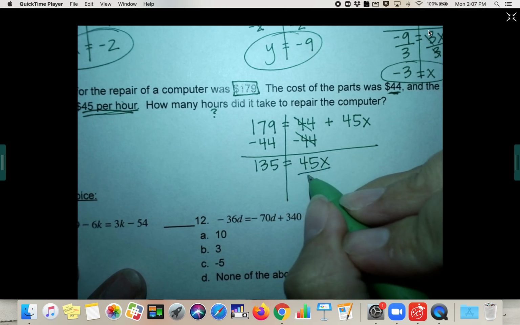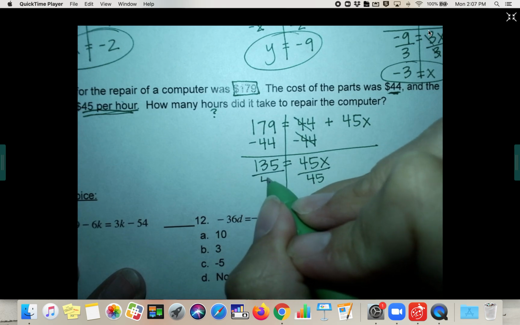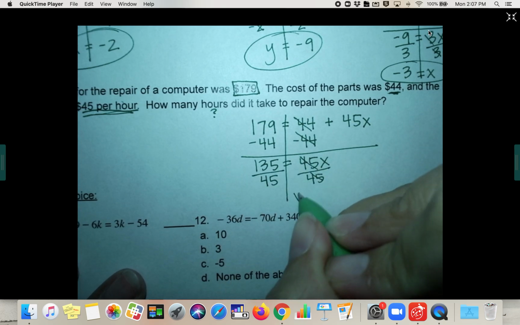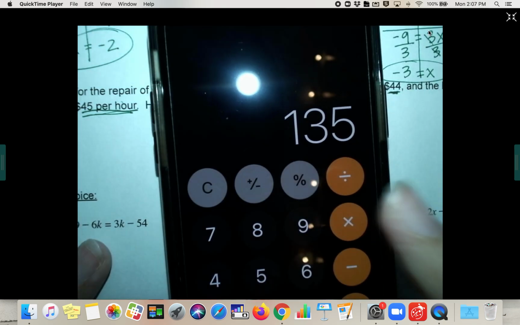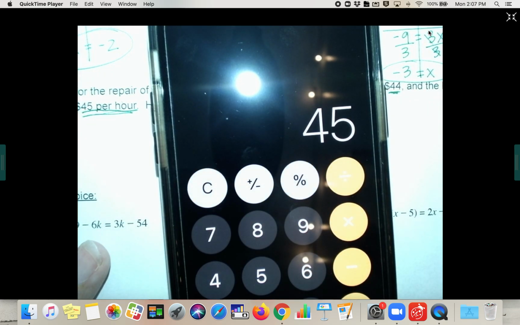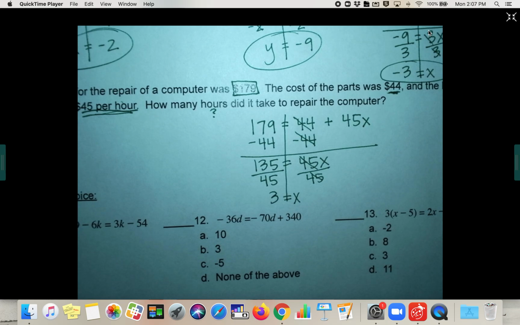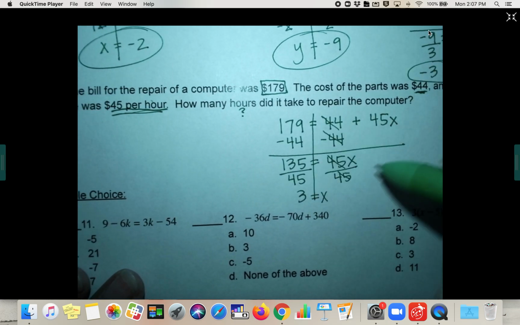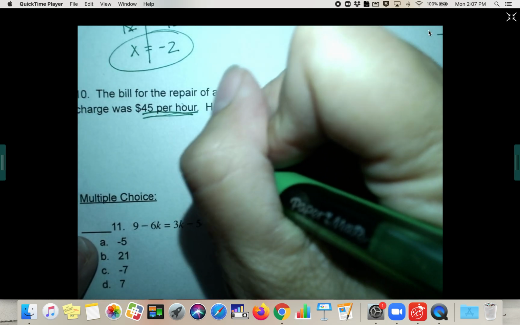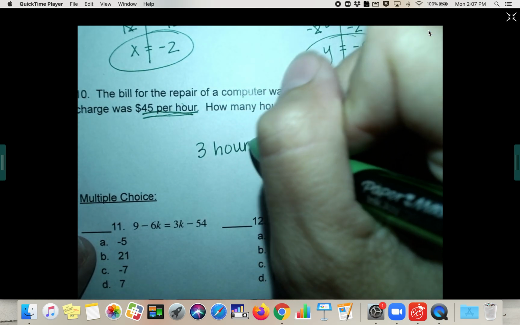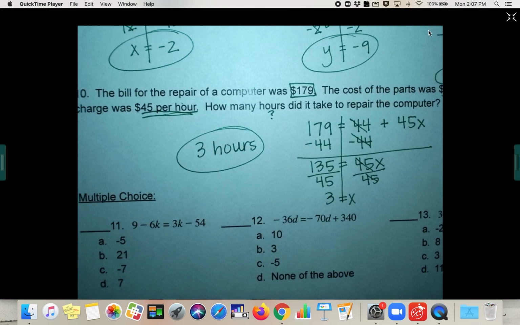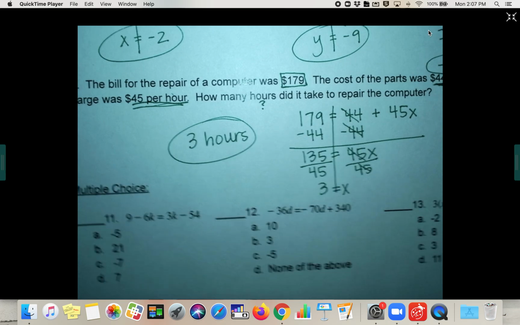Divide both sides by 45, and that would be 3. I know there's other ways to do this, and that's totally fine, but if you wanted to set up and solve an equation, you would get this answer that way. So 3 hours is how long it took to repair the computer.